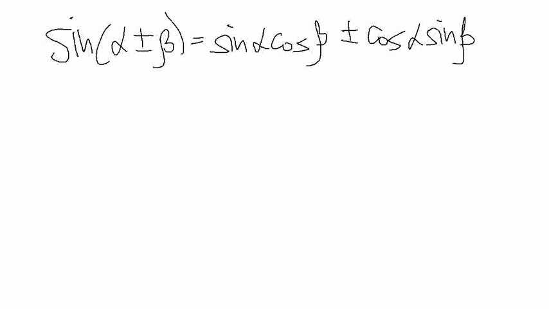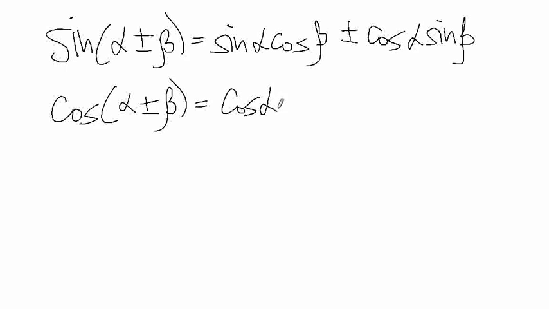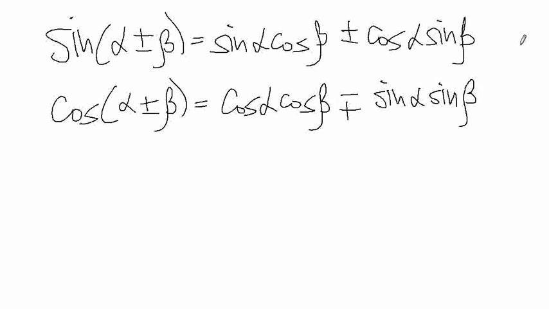That's what the plus or minus does for us. It allows us to represent two identities, okay, without having to take up so much room. Okay, and then there's a cosine identity. Now, notice that on the right side, I have the plus below the minus.